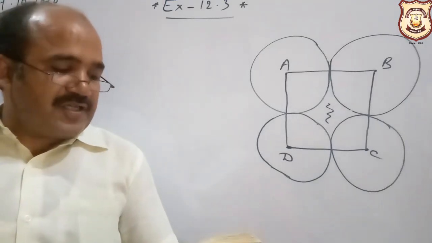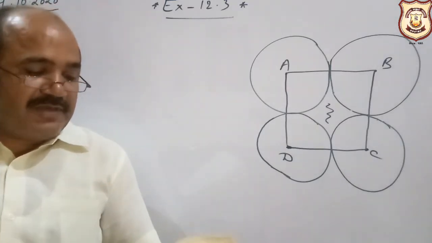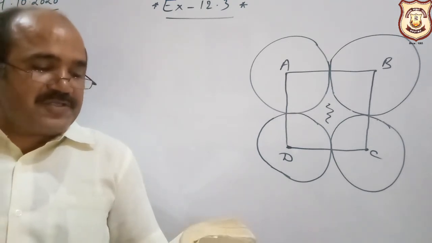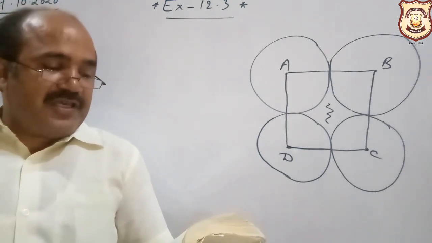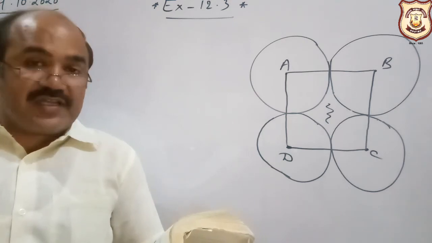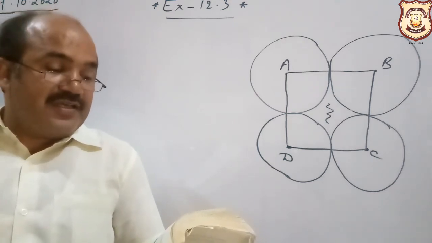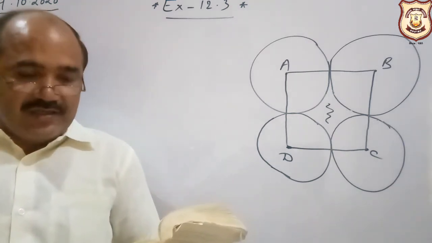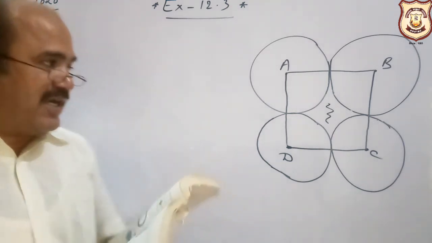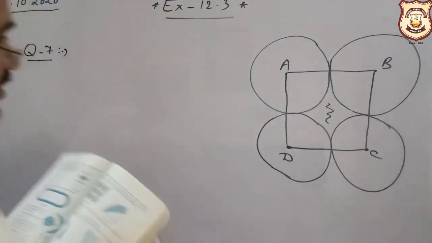Now see question number 7. In the figure, ABCD is a square of side 14 centimeter with centers A, B, C and D. 4 circles are drawn such that each circle touches externally the remaining 3 circles. Find the area of the shaded region.